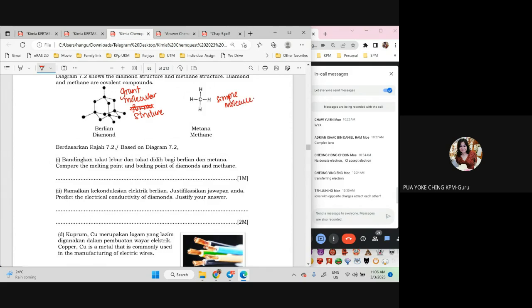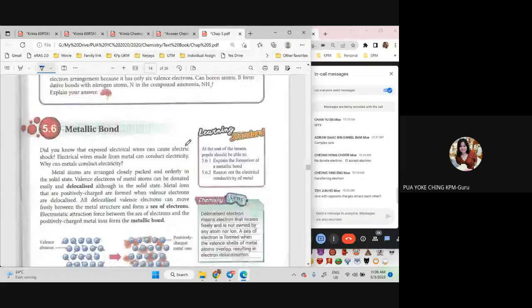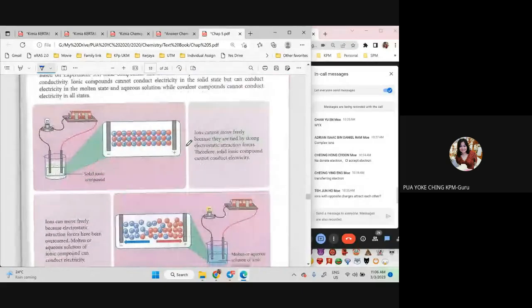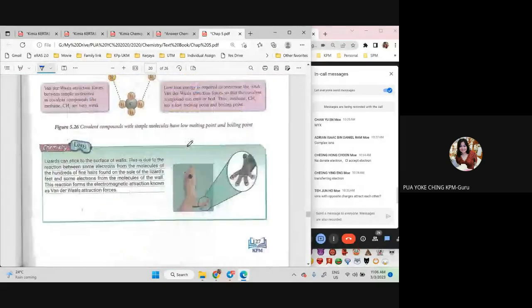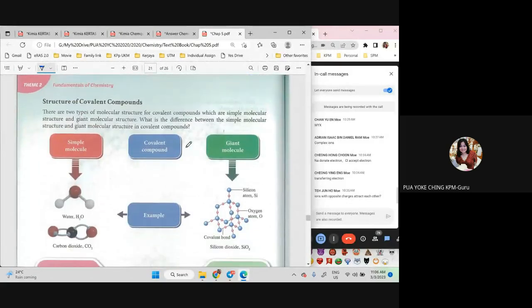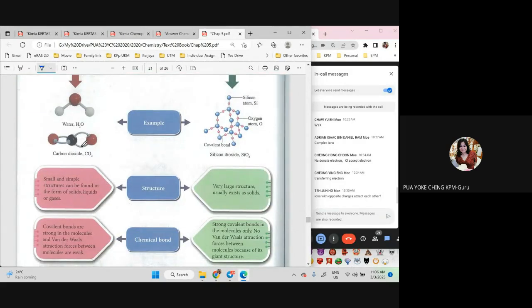So for giant molecule and simple molecule, it's also a new subtopic. So it's a bit different from the normal covalent compound. Okay. So simple molecule or your simple molecular structures is a normal covalent compound.